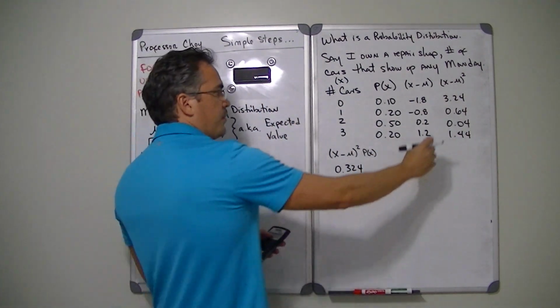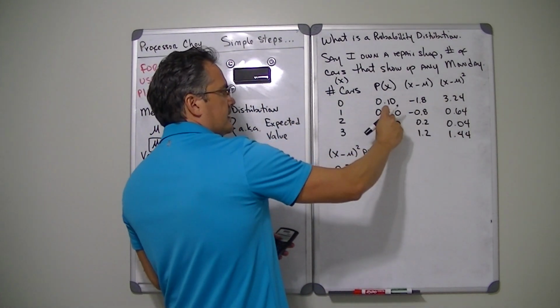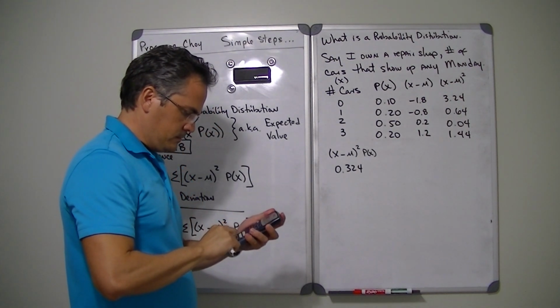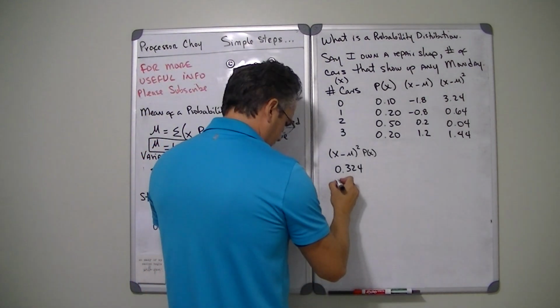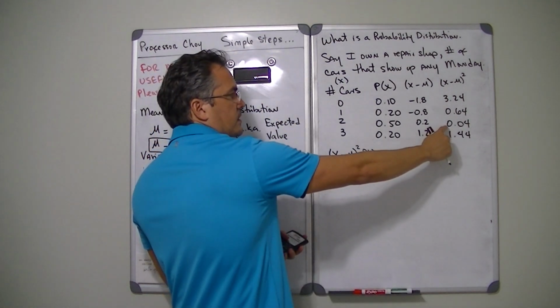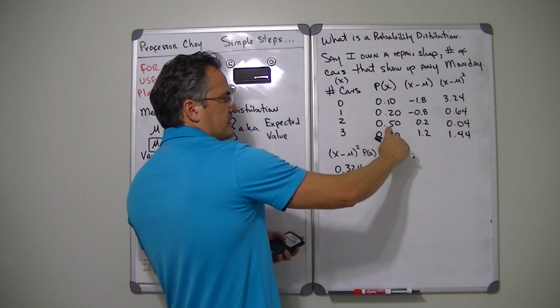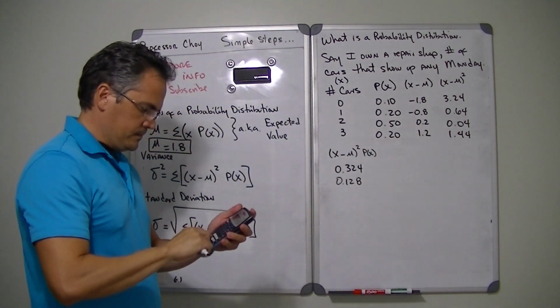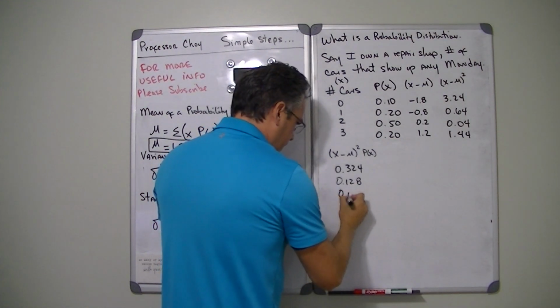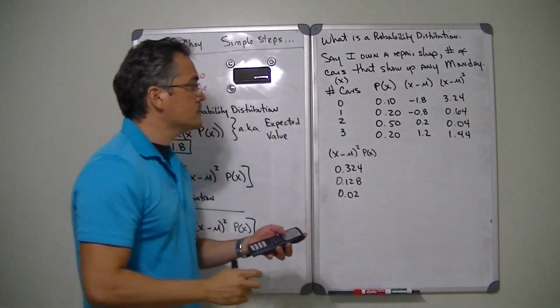Then I'm going to take 0.64 and multiply times 0.2. And that's going to give me 0.128. Then I'm going to take 0.04 and multiply times 0.5. And that gives me 0.02.